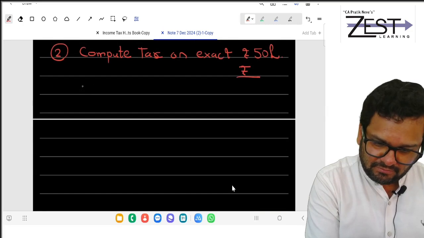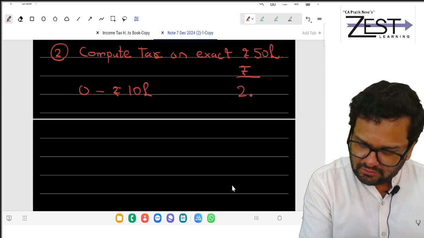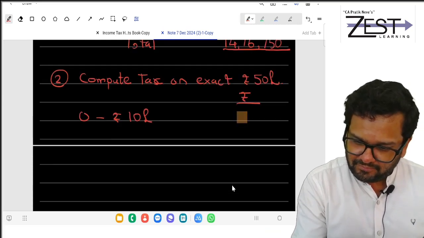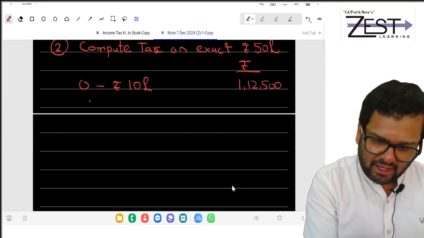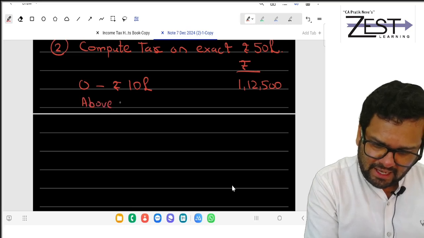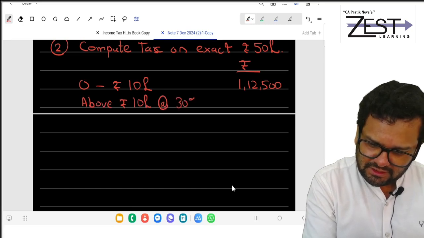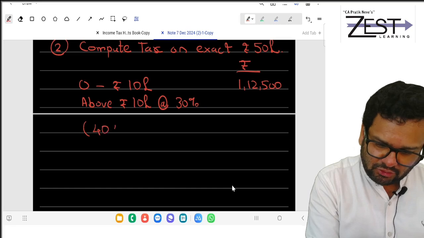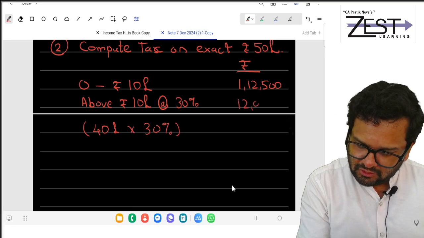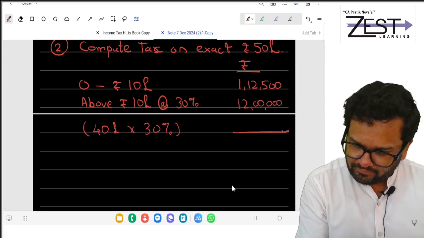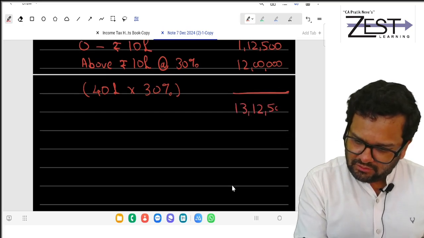So 1 lakh 12,500, and above 10 lakhs at 30%. Yes, so 40 lakhs into 30%, 12 lakh. So what is your total? 13 lakh 12,500.